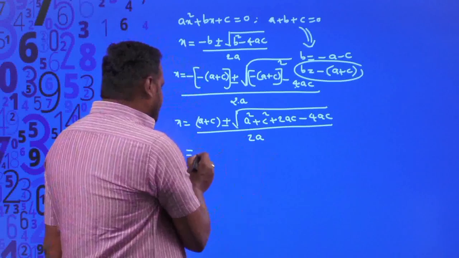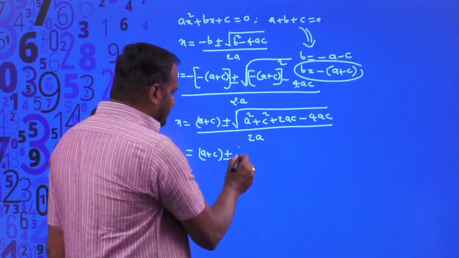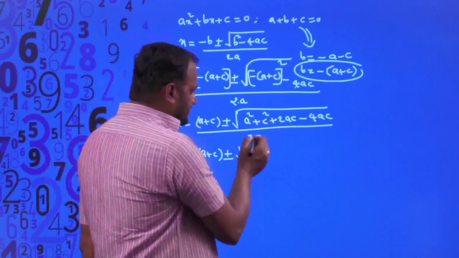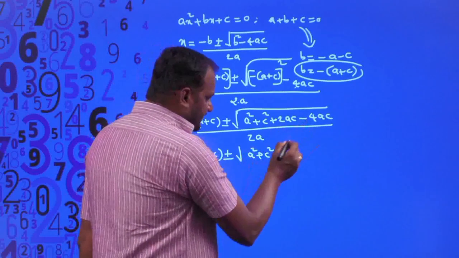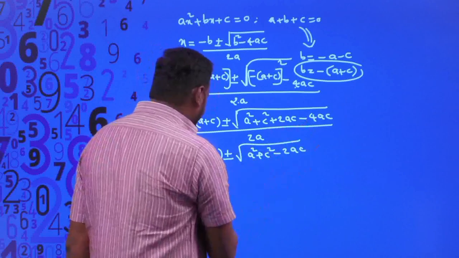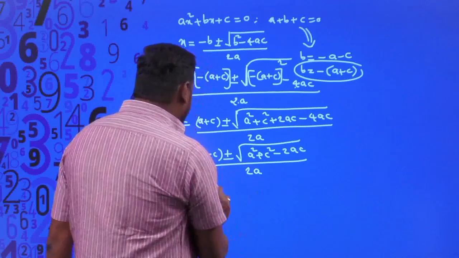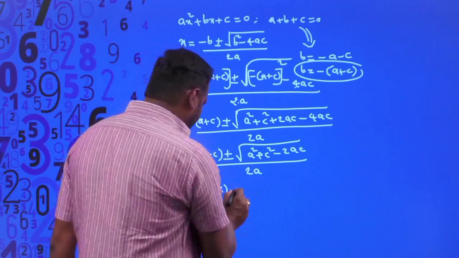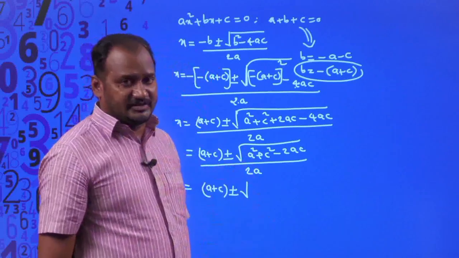So, this is a plus c. So, a plus c plus or minus square root. Once you observe, a square and c square are alone. So, that a square plus c square plus 2ac minus 4ac is going to be minus 2ac, whole divided by 2 into a is equal to 2a, which is a plus c plus or minus square root. See here, a square plus c square minus 2ac.